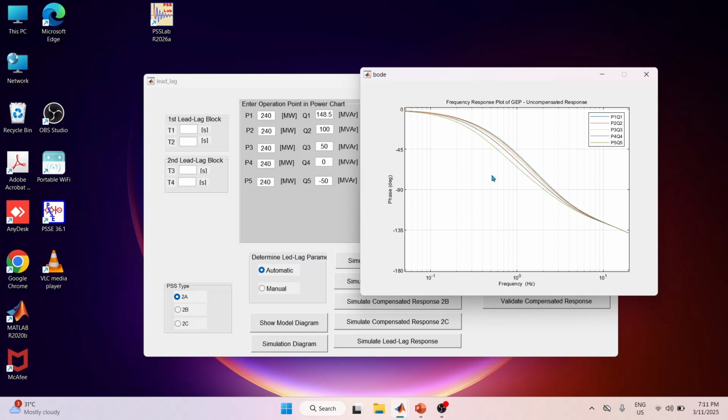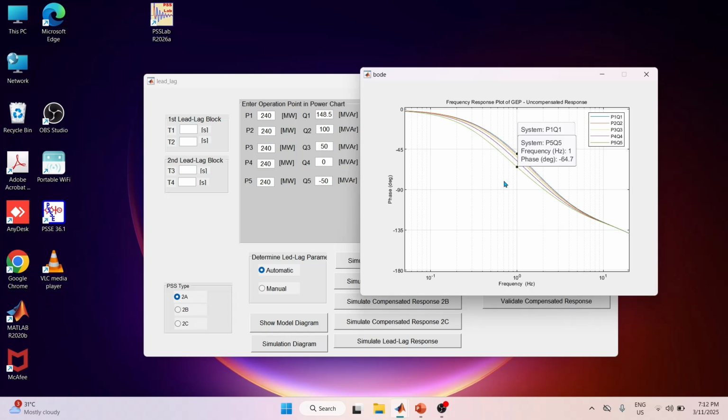So for example at 1 Hz, we have the phase lag around minus 50 degrees for rated operating point P1, Q1, and around minus 65 degrees for operating point P5, Q5, when the generator is absorbing the reactive power of minus 50 megavar. Now, the target of the lead lag blocks is to compensate the phase lag.